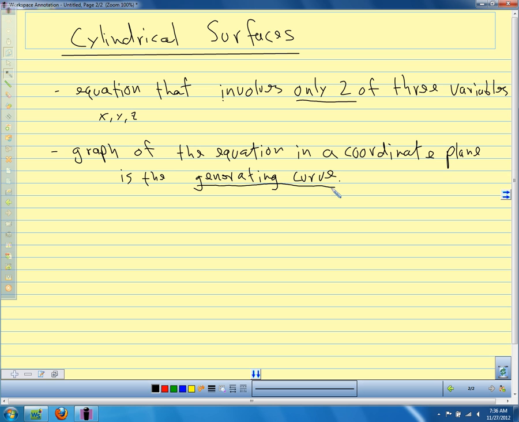So as an example, if we want to sketch z equals y squared, our generating curve is going to be a parabola, and our parabola is going to be in the yz plane.